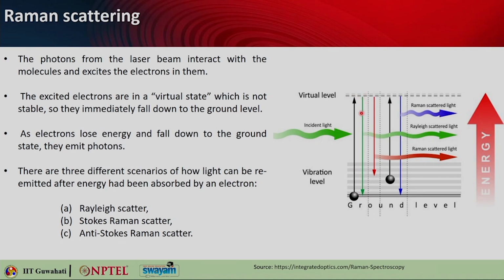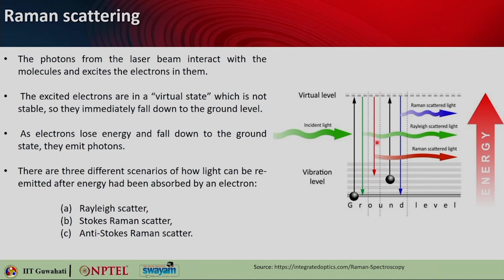Now, if it comes back to the same ground level, then it is elastic scattering, and you can call it Rayleigh scattered light. There are also possibilities that the excited electron may not come down to the ground level, but rather come down to some intermediate vibrational level, something like here.